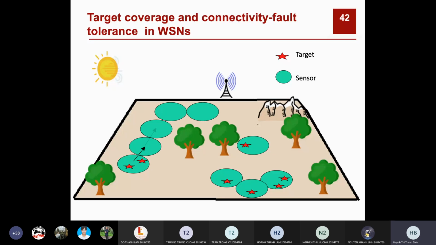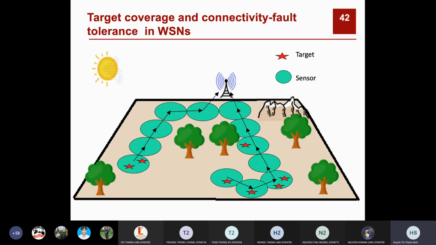So you have to put in more sensors to connect to the base station. But in this picture, if one sensor dies, the network will also be disconnected.